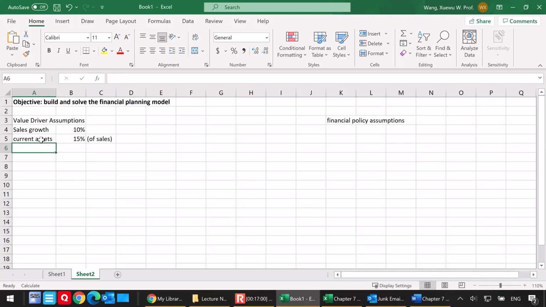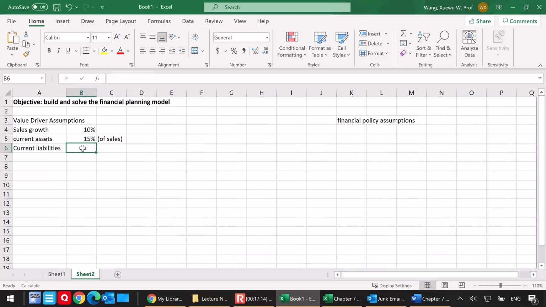Maybe I'll have a little justification in a second. And then we're going to have current liabilities. That's going to be another 8% of sales. So 8% of sales, that's the current liabilities here.